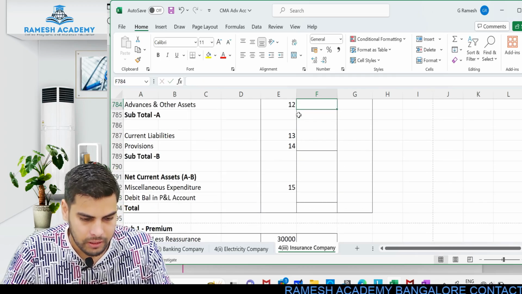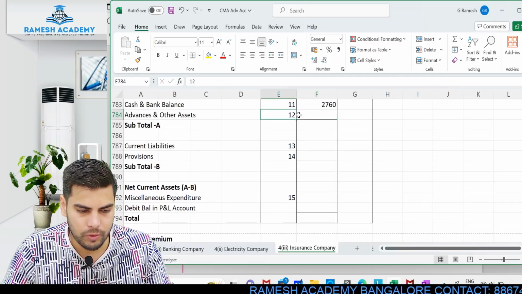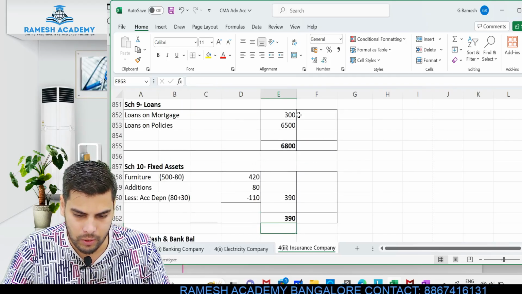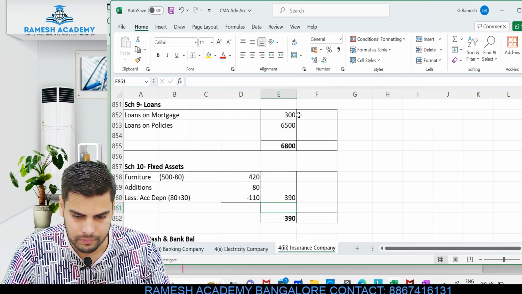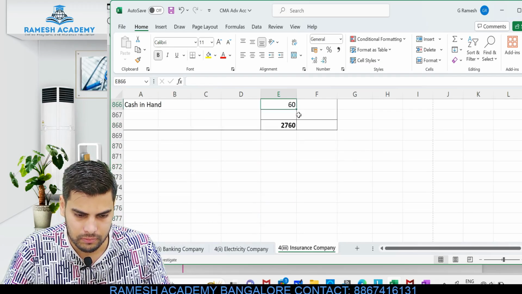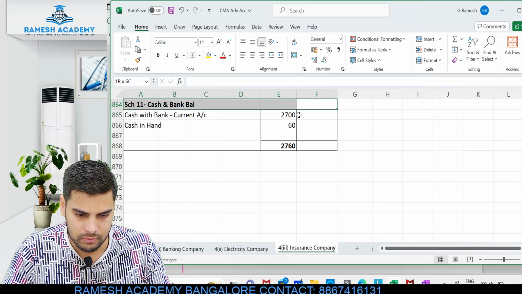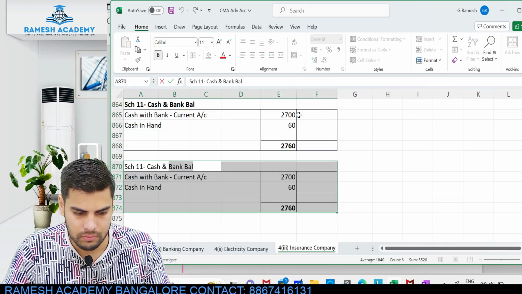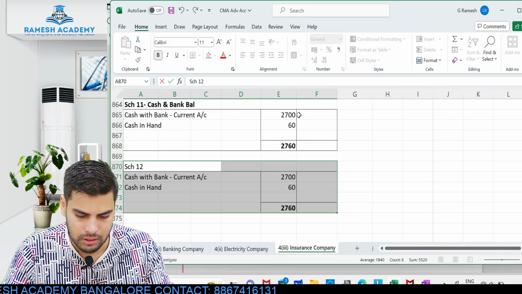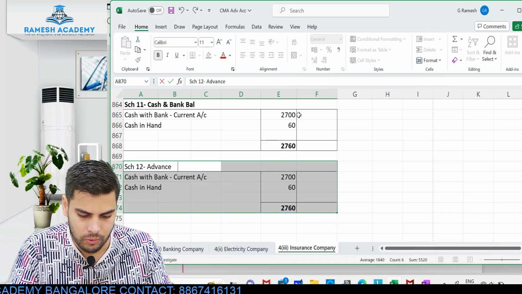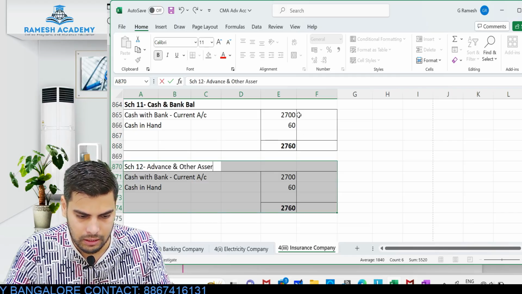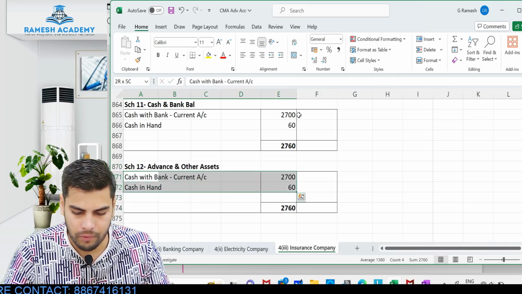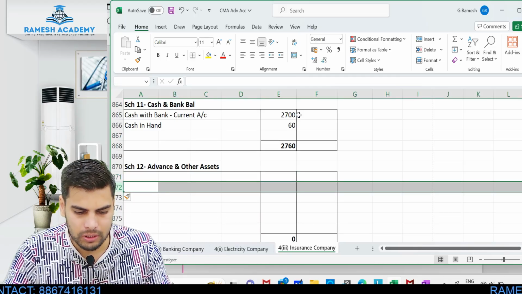After this, what else do we have? Schedule 12 would be with respect to advance and other assets. So let us prepare this. Now what do we have in the form of advance or the deposits whatever we have made?